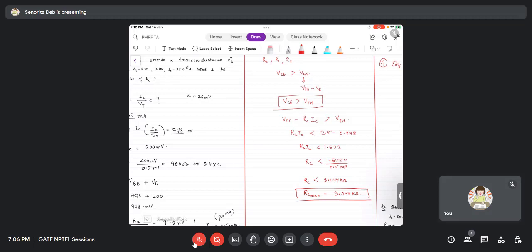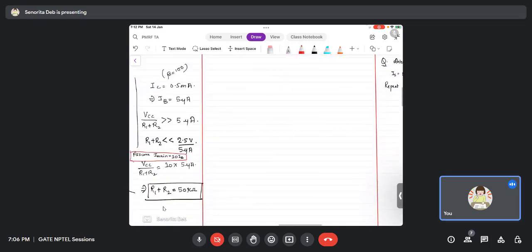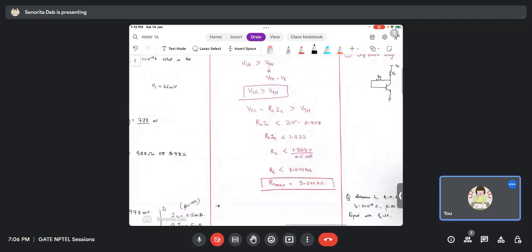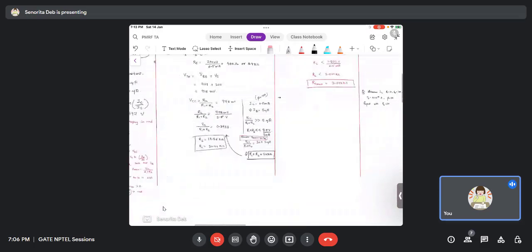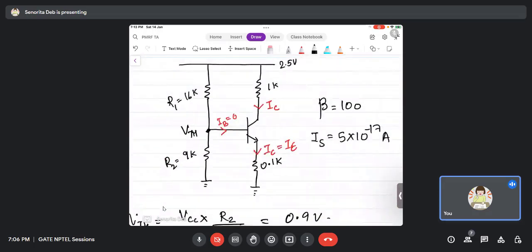Please continue, ma'am. So now, two problems with this kind of circuit that we face. I main should be greater than IB for IB to be negligible.